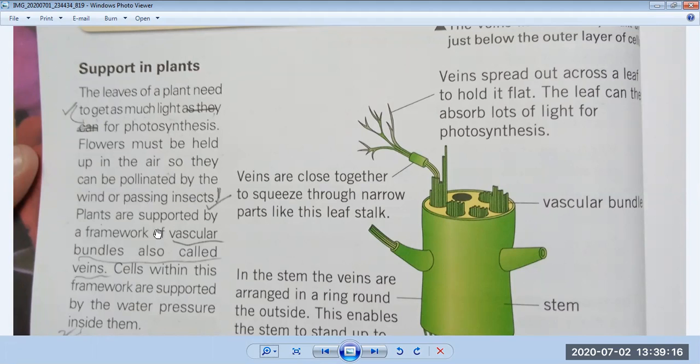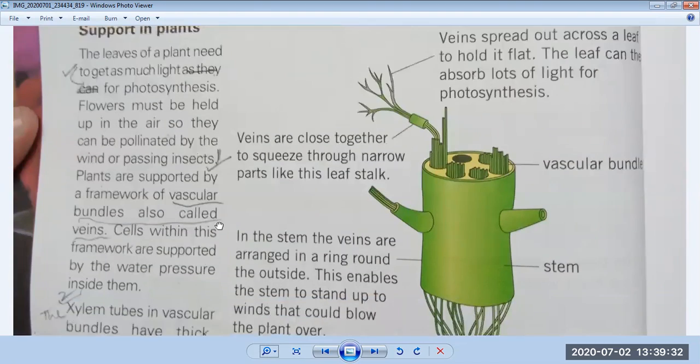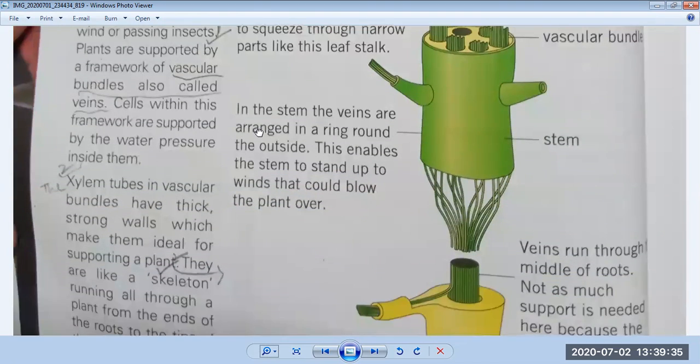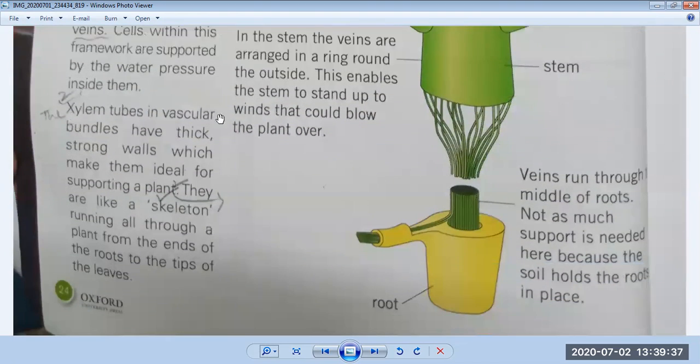So plants are supported by a framework of vascular bundles, also called veins. Another name of vascular bundle is veins. Cells within this framework are supported by the water pressure inside them. Xylem tubes in vascular bundles have thick, strong walls which make them ideal for supporting a plant.